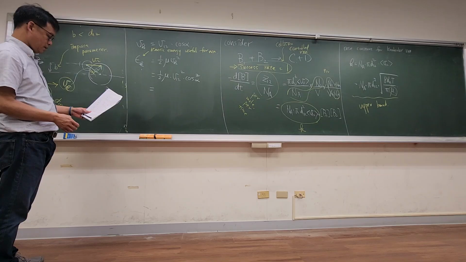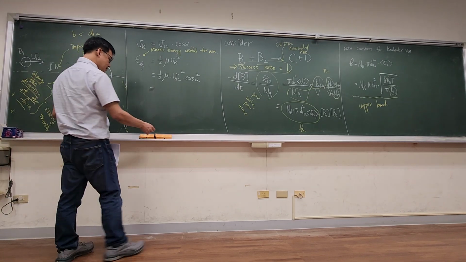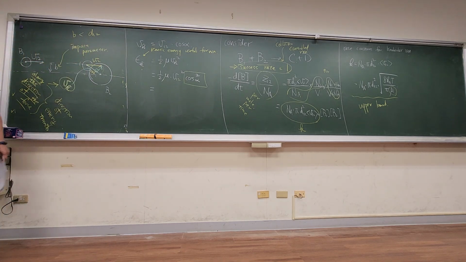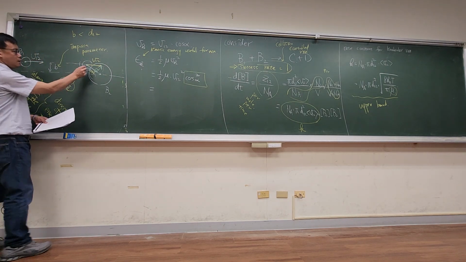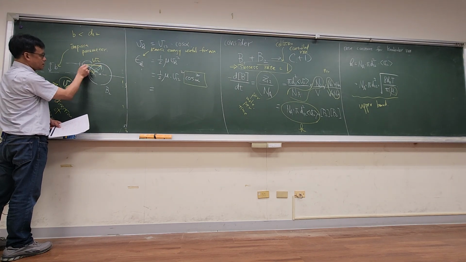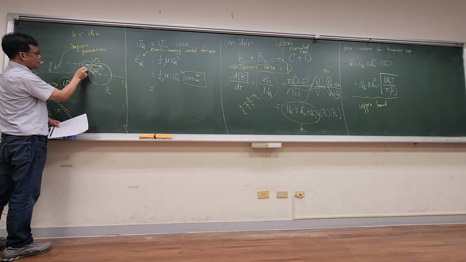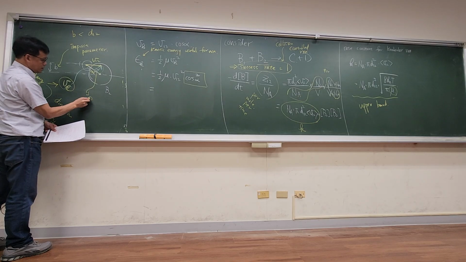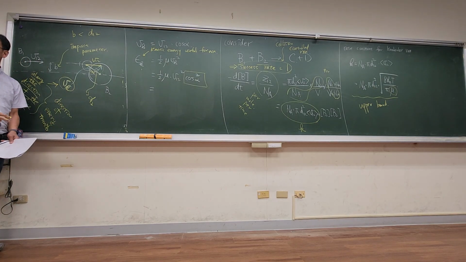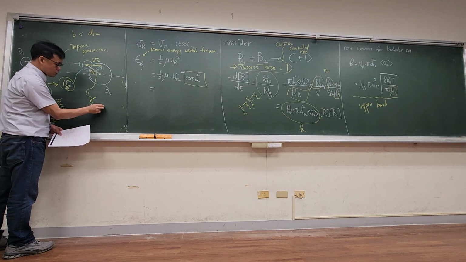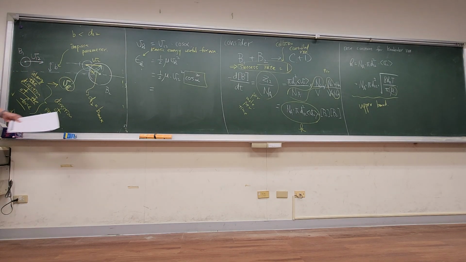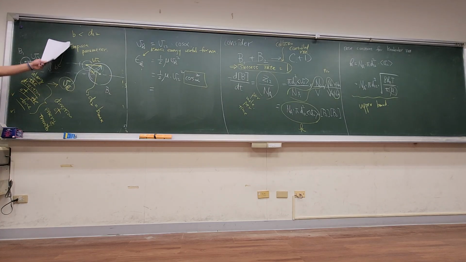Now let's see. This center to center distance is D12. I can also call it B maximum, the maximum impact factor, because the impact factor cannot be greater than D12.